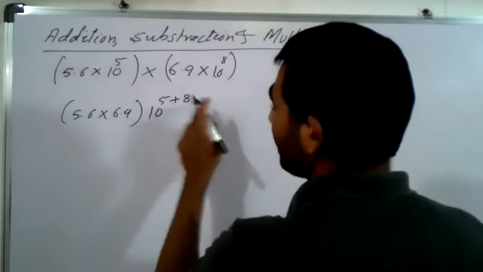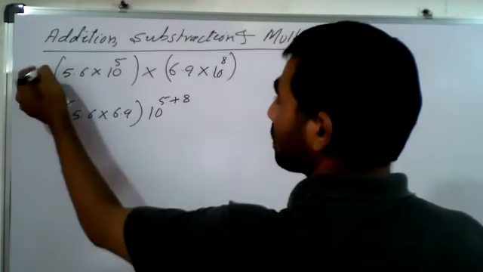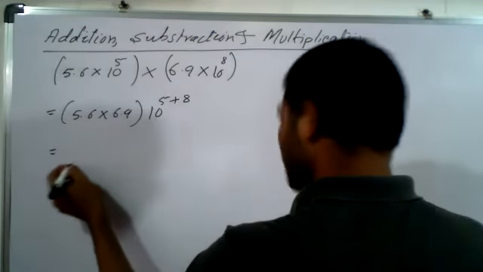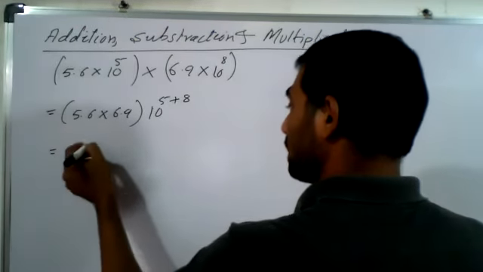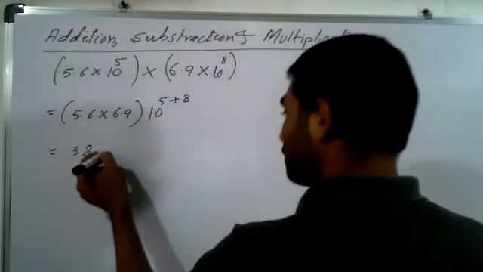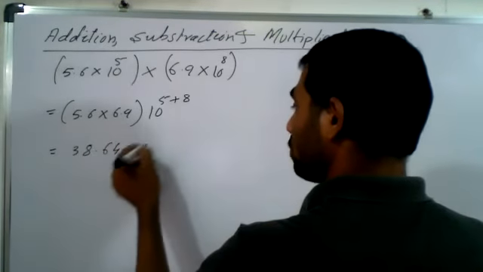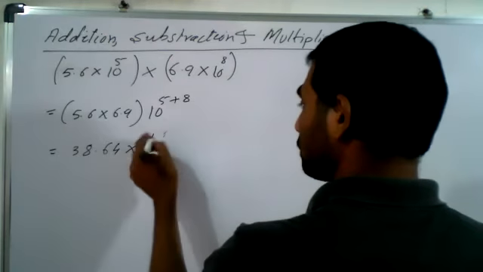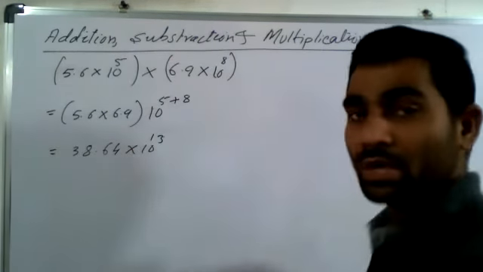You can do this calculation: 38.64 into 10 to the power 13.